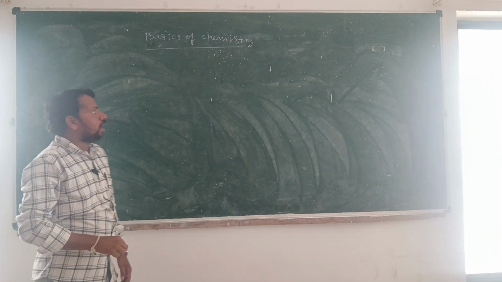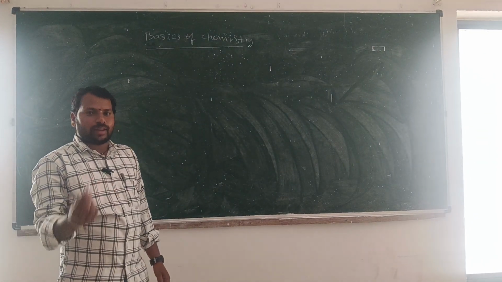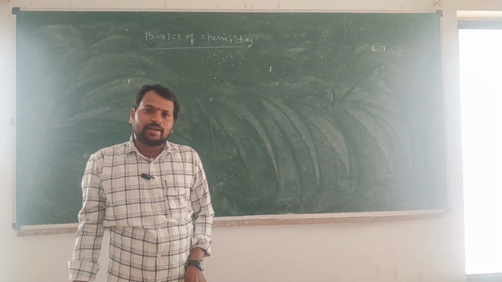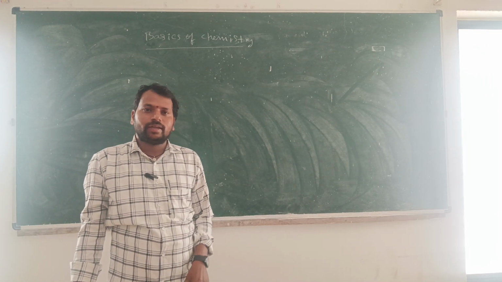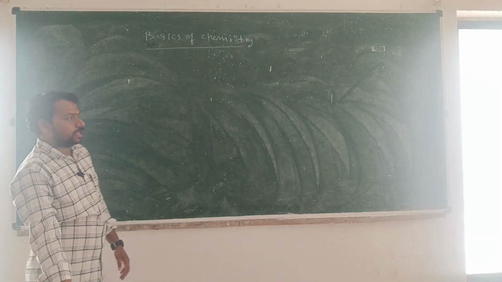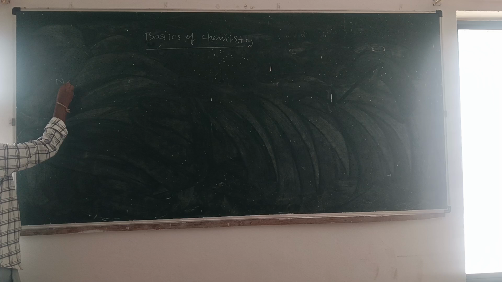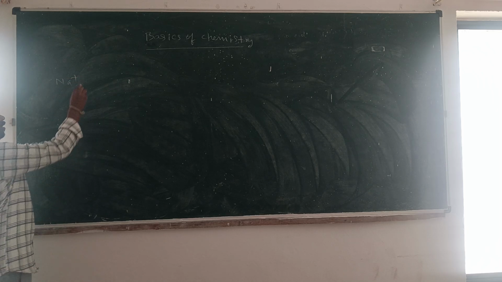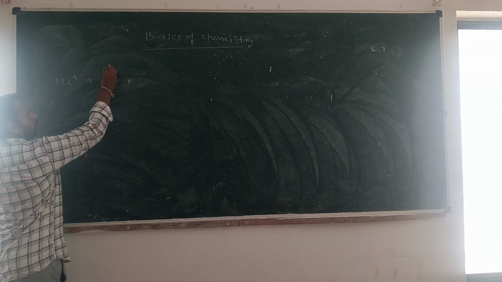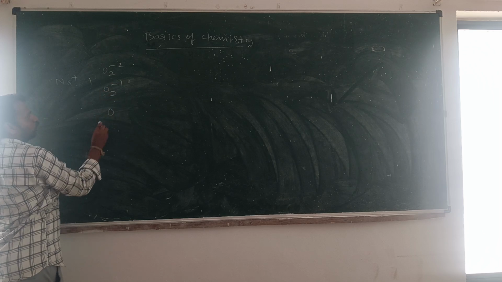Already we discussed the cation table and anion table. From that table we can write formulas in inorganic chemistry. Suppose I am writing Na+ with O2 minus 2, O2 minus 1 and O minus 2.